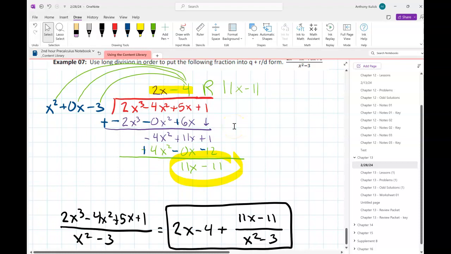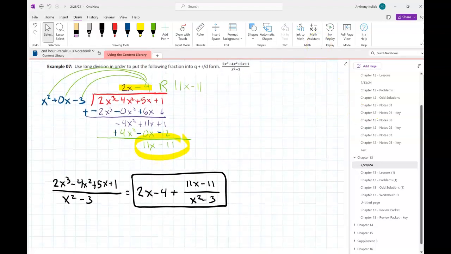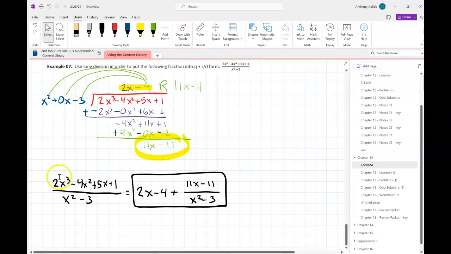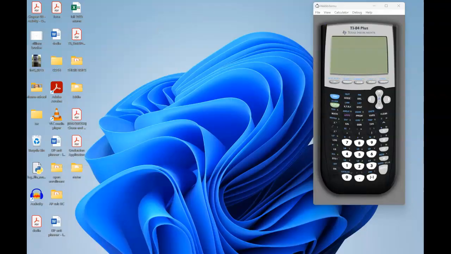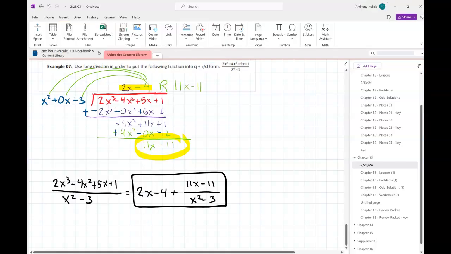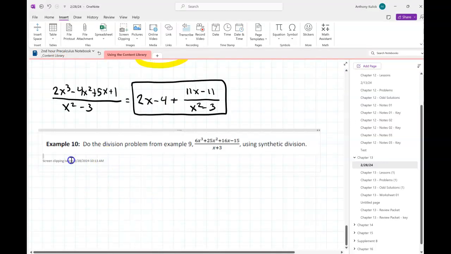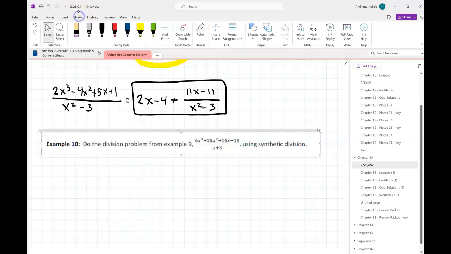Alternatively, we have a second division method. Okay. That second division method is called synthetic division. You'll like this better because it's easier. And then you might ask yourself, Mr. Kulik, if this is easier, why did you show us the other way?